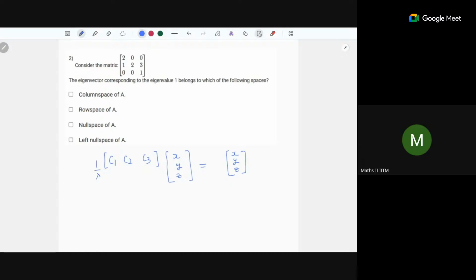Now, X by lambda times C1, plus Y by lambda times C2, plus Z by lambda times C3 is equal to (X, Y, Z). What does it say? That (X, Y, Z) belongs to the column space of A. So that means the eigenvector belongs to the column space of A.